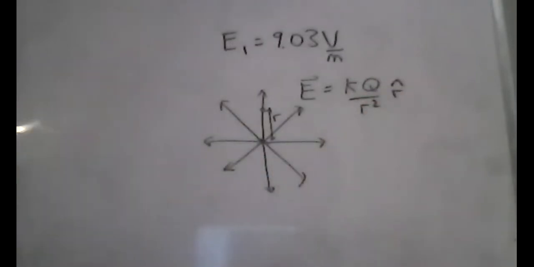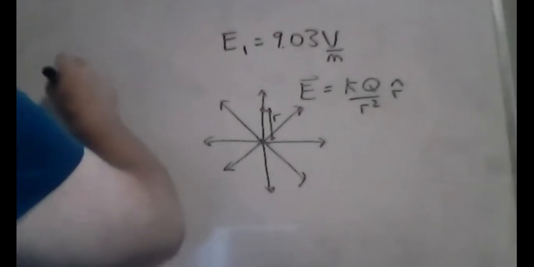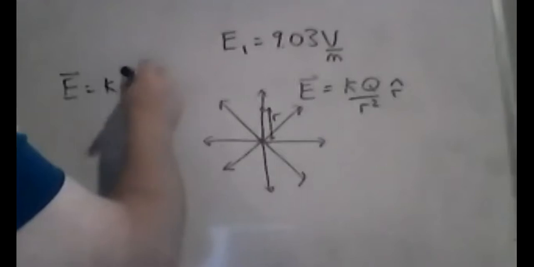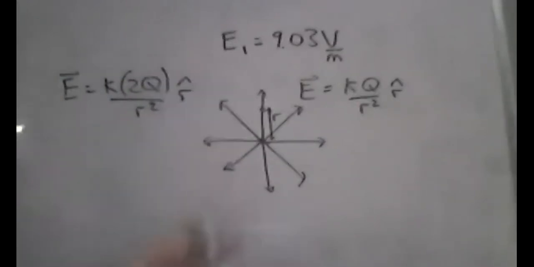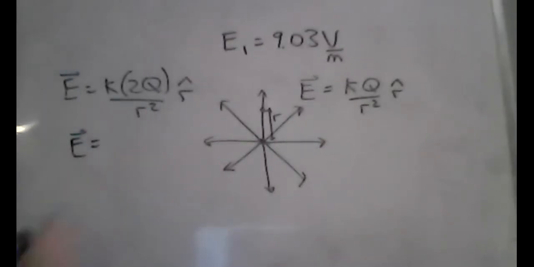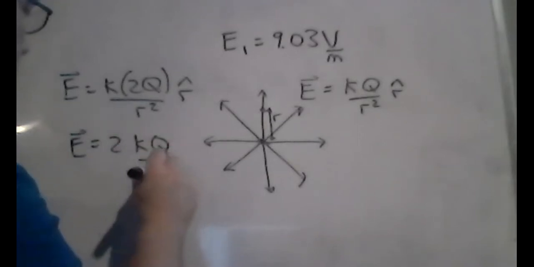If I double the charge, what should I get? Well, quite simply, I would get k times 2Q over R squared R hat. And of course, I could pull the 2 out. E would equal 2kQ over R squared R hat.